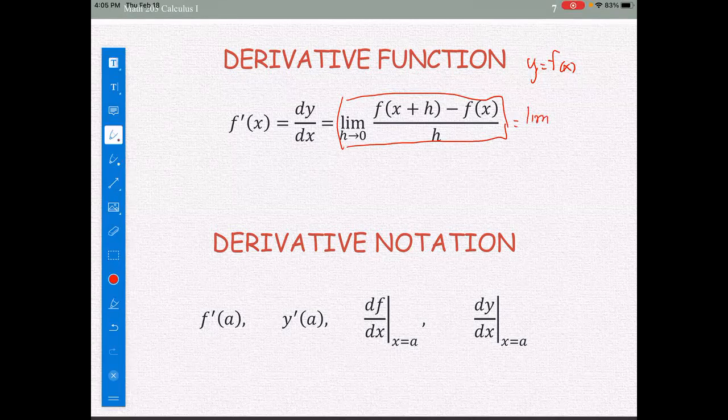Also, another definition is the limit of f of x minus f of a divided by x minus a as x approaches a.